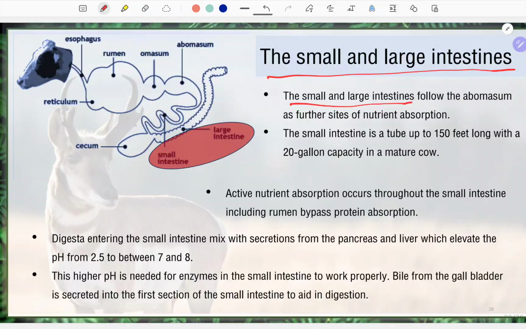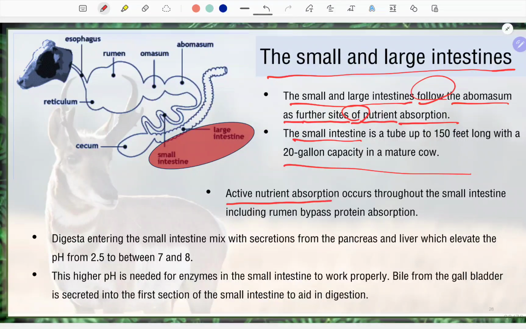The small and large intestines follow the abomasum as a further site of nutrient absorption. The small intestine is a tube up to 150 feet long with a 20-gallon capacity in a mature cow. Active nutrient absorption occurs throughout the small intestine, including rumen bypass protein absorption.